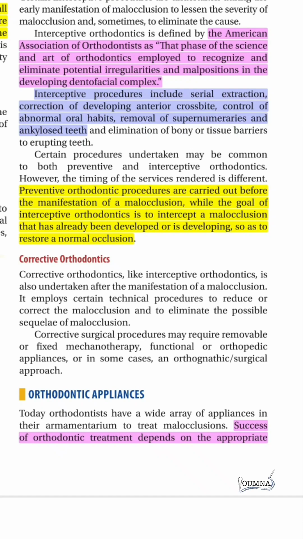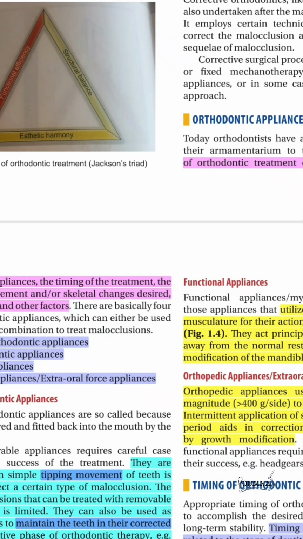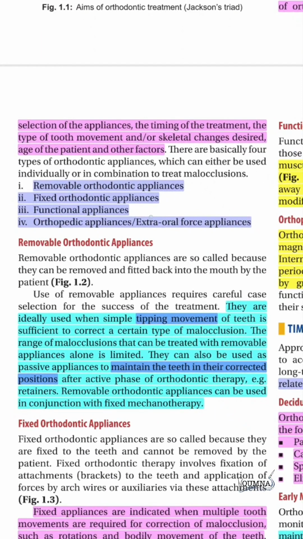So the corrective orthodontics happens using two types of appliances, which are the removable orthodontic appliances and the fixed orthodontic appliances. The functional and the orthopedic appliances are usually used in the phase of development and growth.